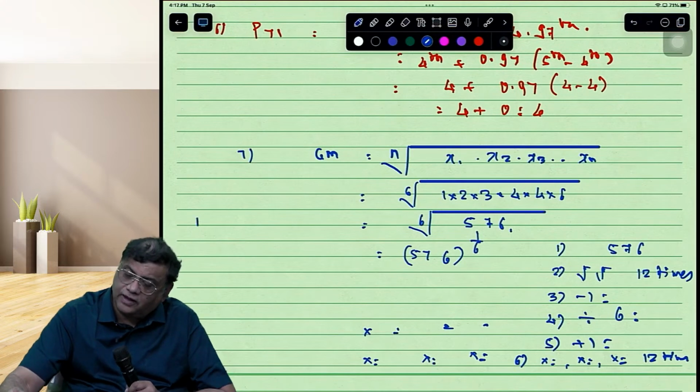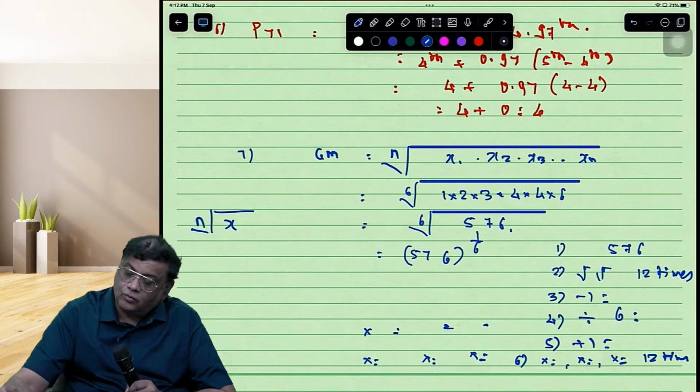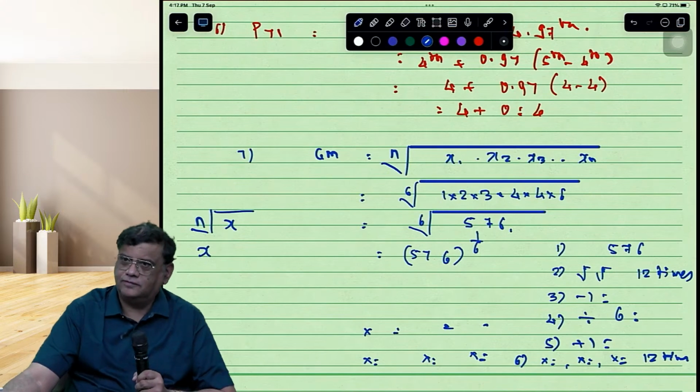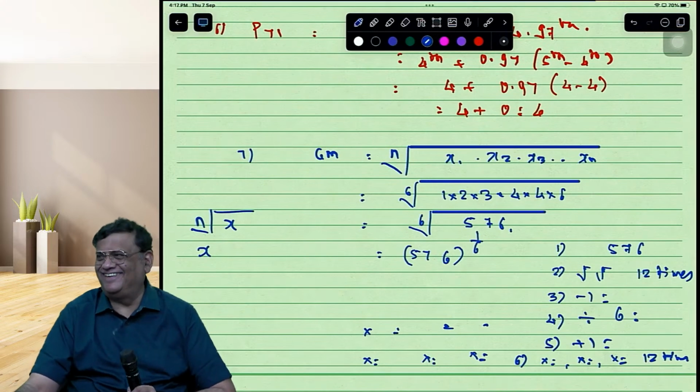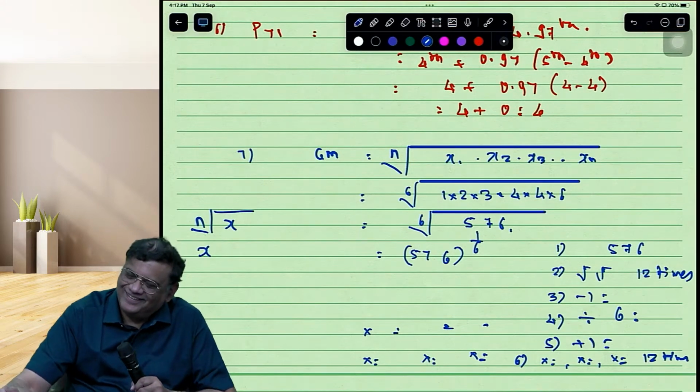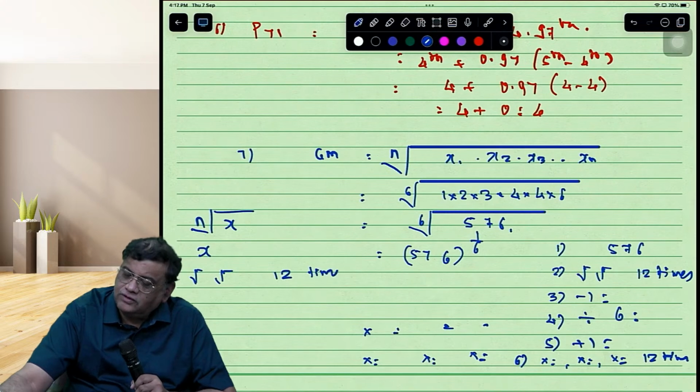Suppose if you want to find nth root of x, what is the procedure? Press x, then root 12 times. Then you have to say minus 1 equal to.